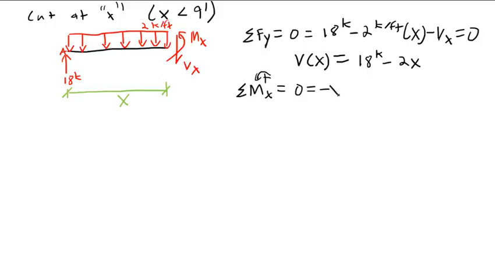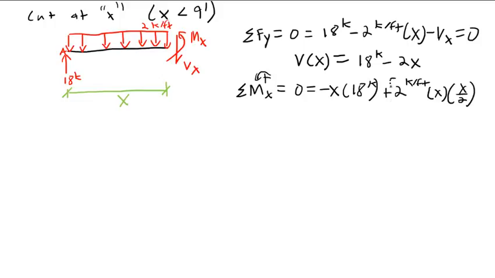I'm going to have negative x times 18 kips. This 18 kip is generating a negative moment about point x. Plus, now this is where it gets a little funky, 2 kips per foot times x over 2.